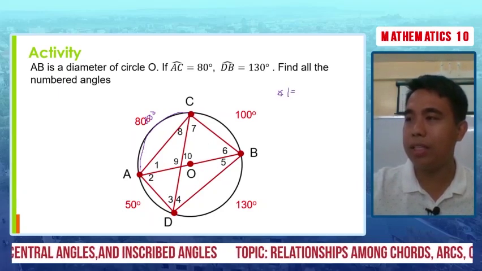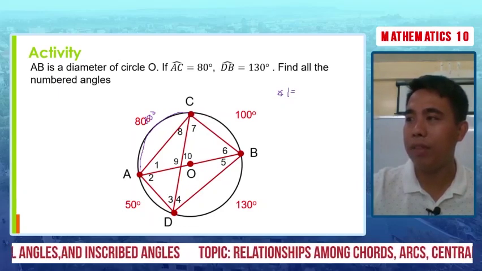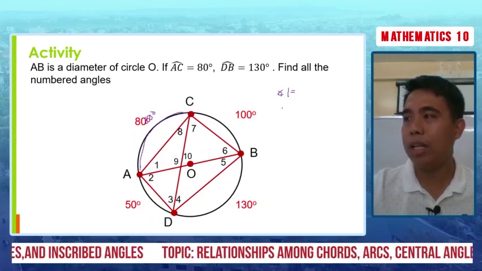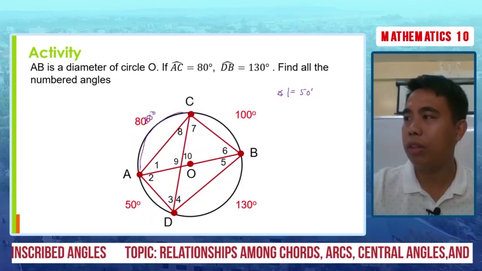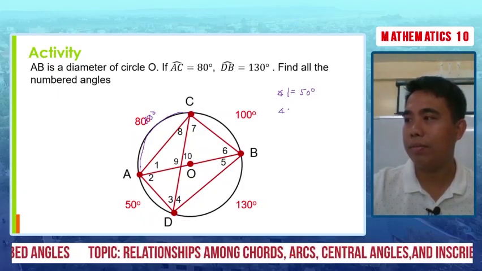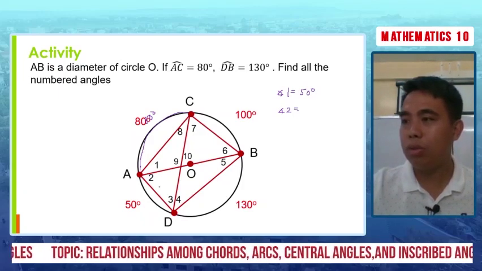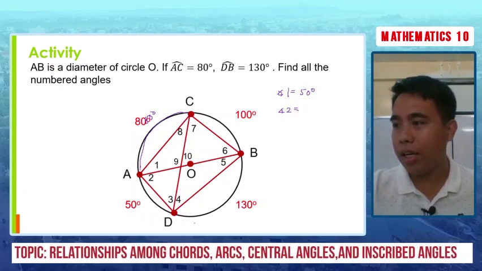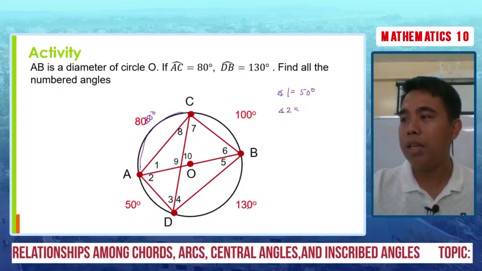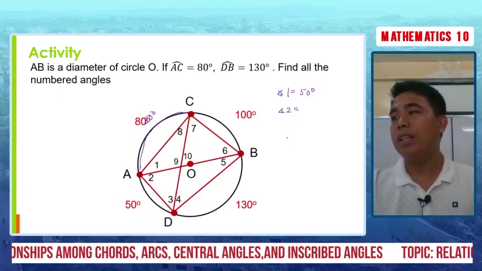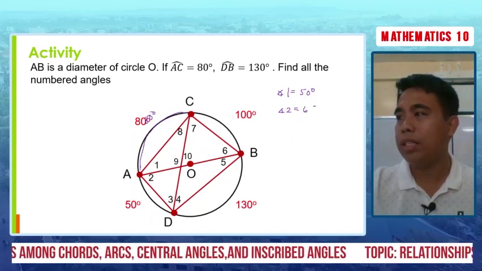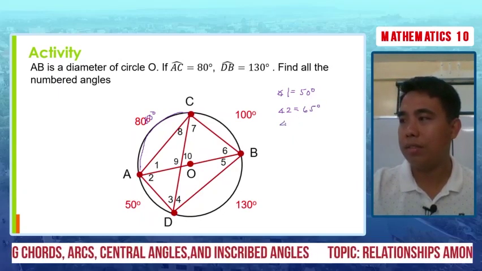Angle 1 is an inscribed angle intercepting this arc, which is 100. Therefore, that is equal to 50 degrees. Angle 2, intercepting arc BD, 130, divided by 2, that is 65 degrees.